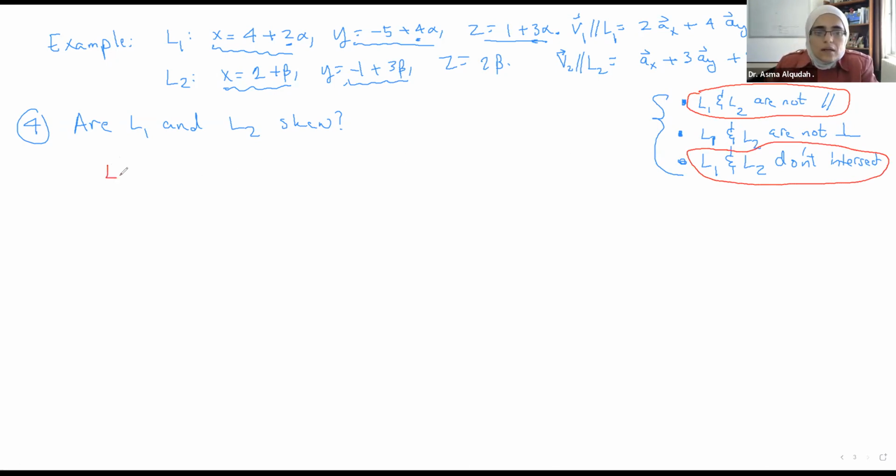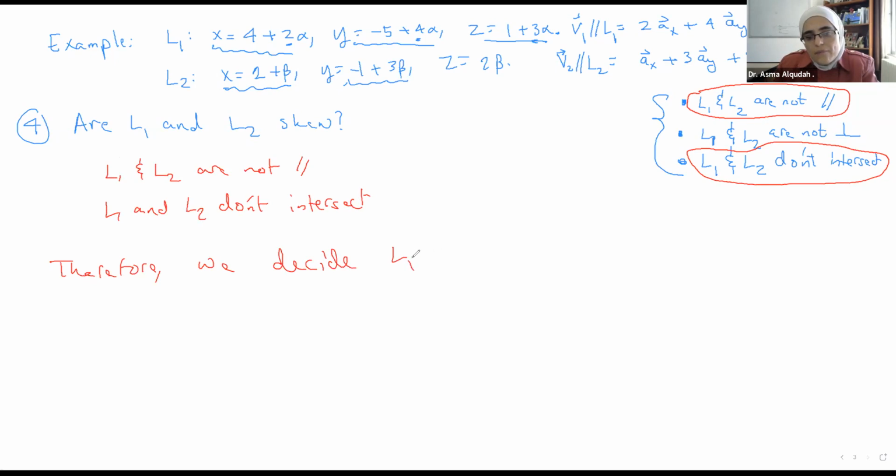So L1 and L2 are not parallel. L1 and L2 do not intersect. So therefore, we decide that L1 and L2 are skew.